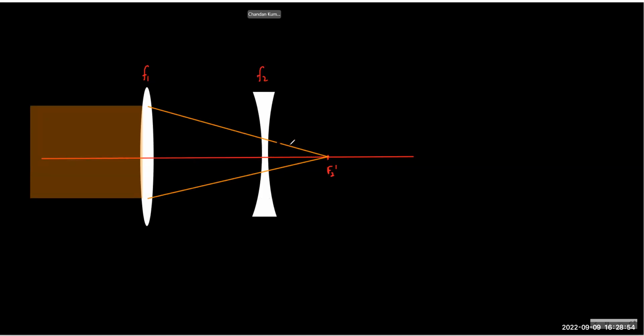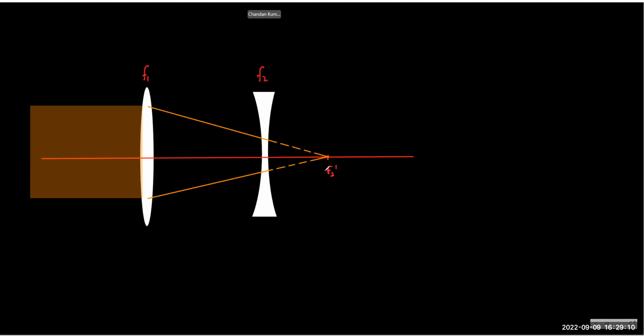So your voice cracked. Can you repeat it? If the parallel beam after refraction is trying to get focus at F2 dash, F2 dash is the distance from the second lens, the concave lens.